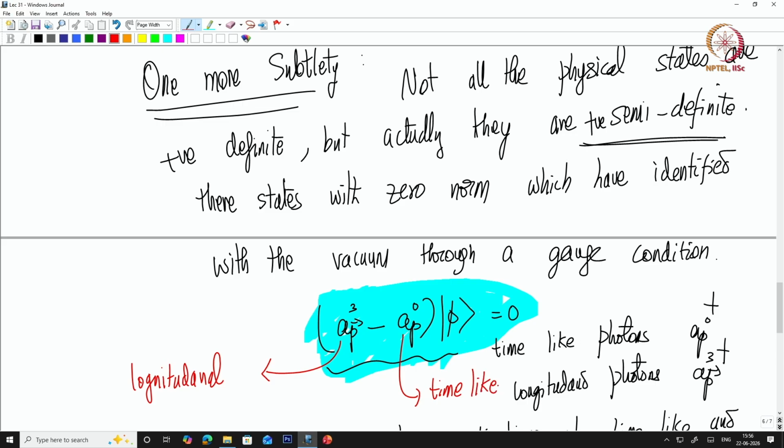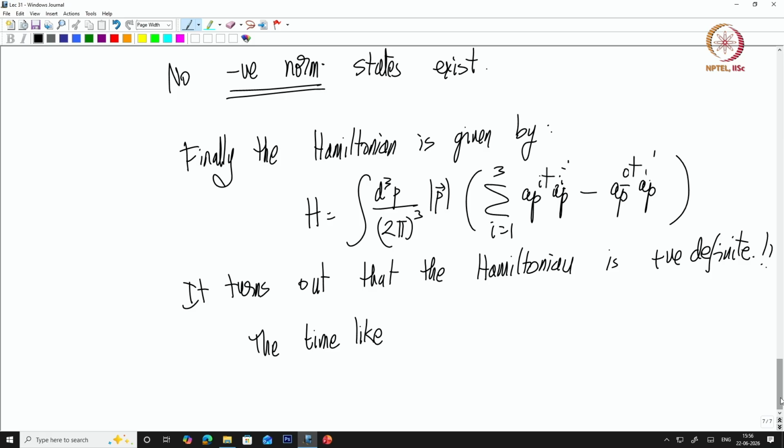This is longitudinal because we have chosen P in the direction of Z. So what it does is it makes the time-like contributions cancel the longitudinal contributions.